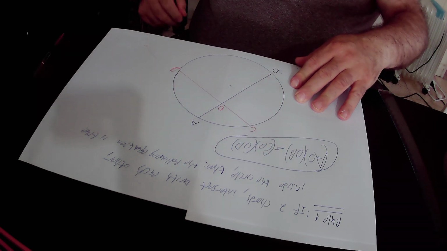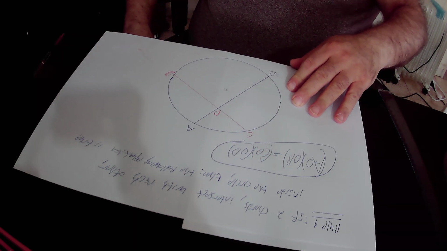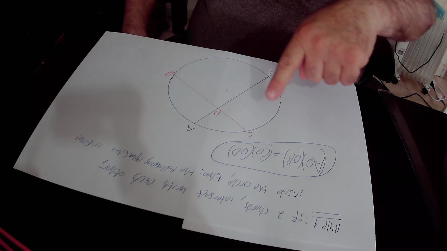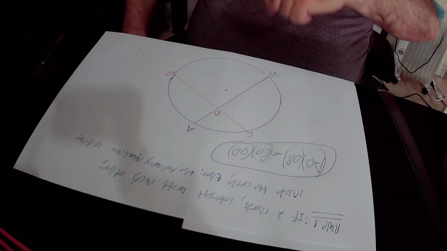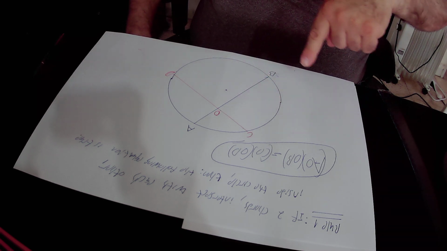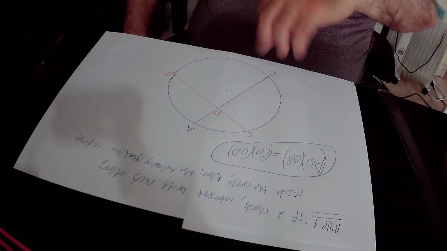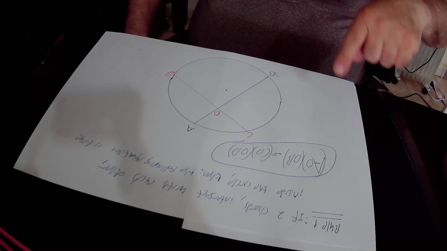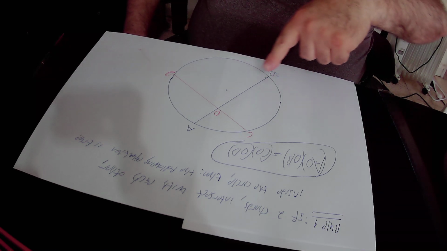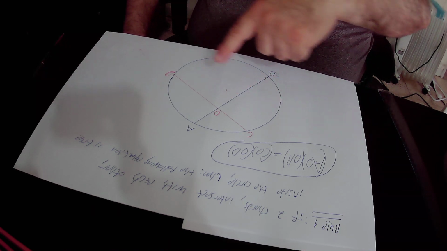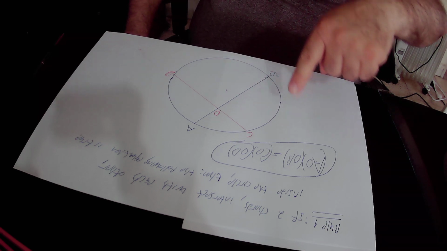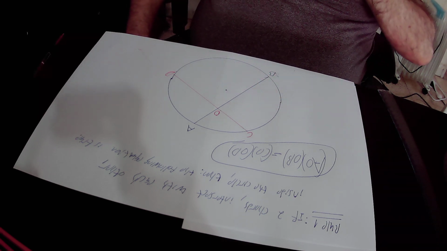I'll repeat again. If chord AB intersects with chord CD at point O inside this circle, then AO times OB equals CO times OD. Okay?